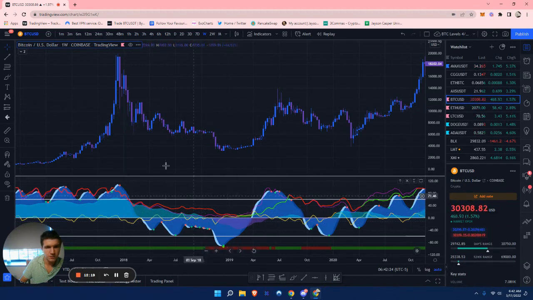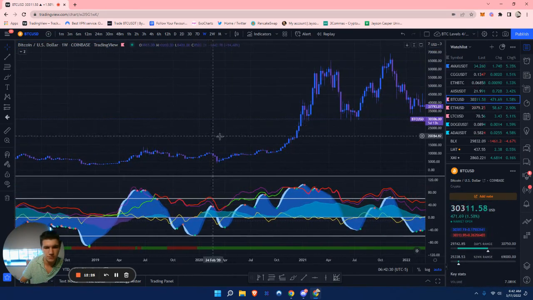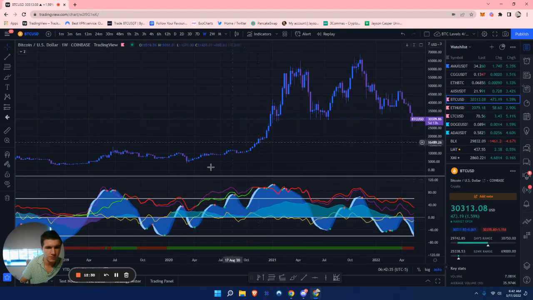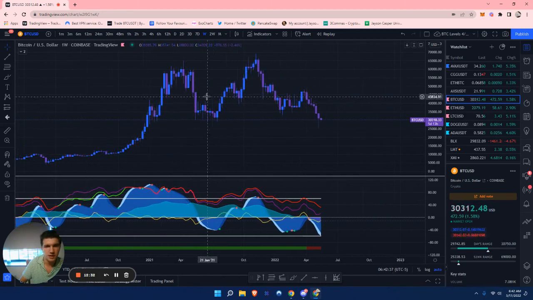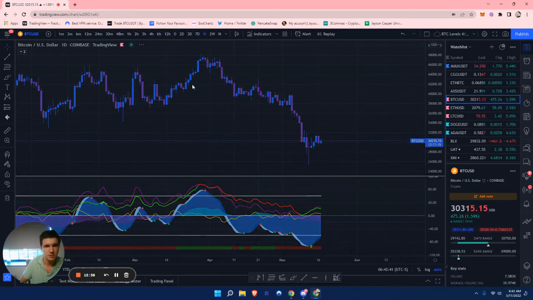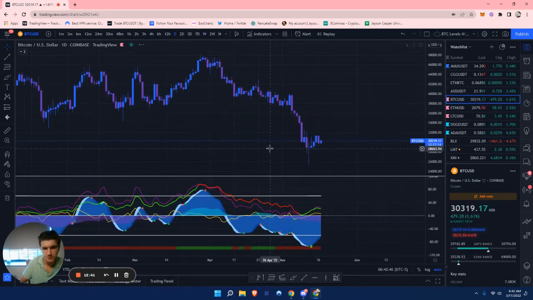Money flow on the weekly was coming down. Price was coming down. Again, we got strong drops from this weekly money flow crossover. And then we got strong pumps when the weekly money flow crossover happened. So again, look at the daily, see what the daily is doing, and compare it to the weekly time frame when looking at this money flow crossover.